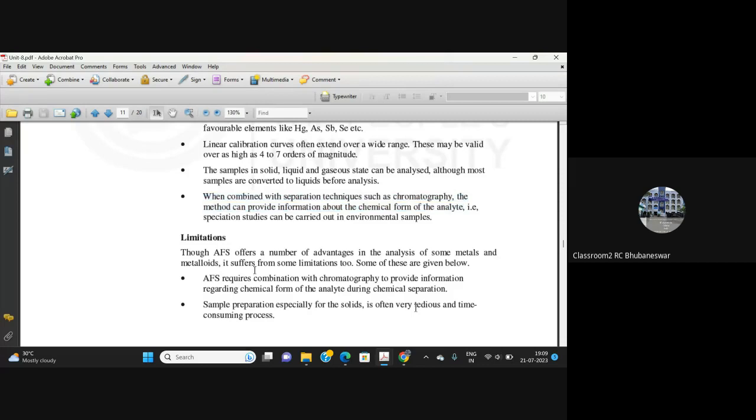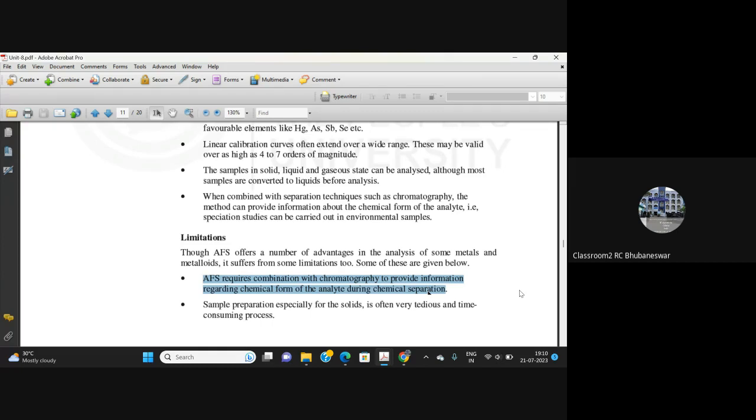So, though AFS offers a number of advantages, there are some limitations also. AFS requires combination with chromatography to provide information regarding the chemical form of the analyte during the chemical separation.